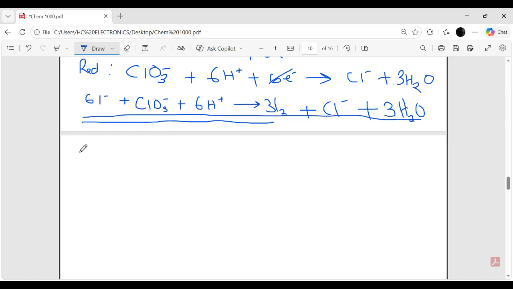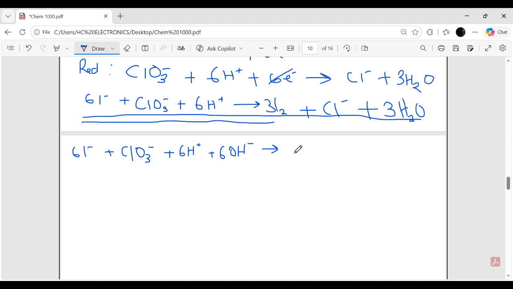When we do that, we are going to have 6 iodate, plus the chlorate, plus the 6 hydrogen ions. When you add 6 hydroxide ions, it's going to cause these to join and form water.